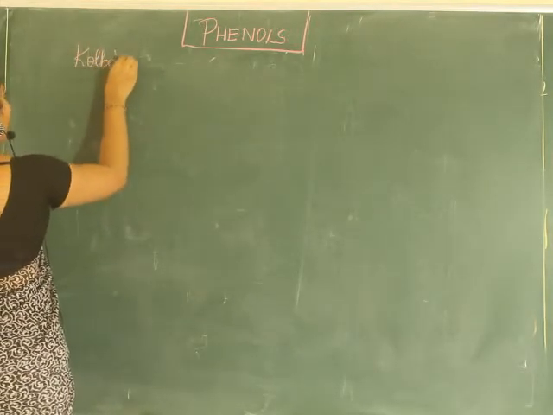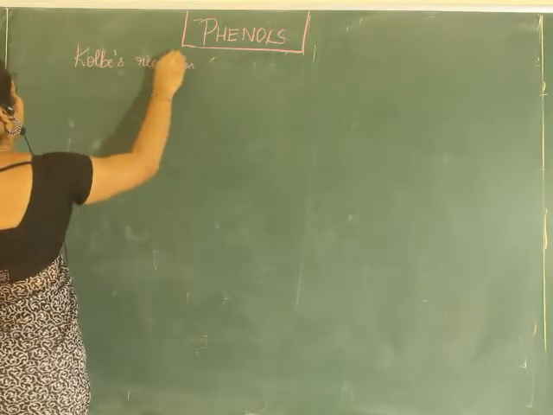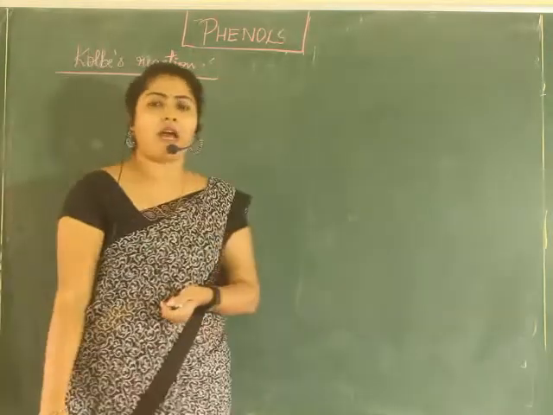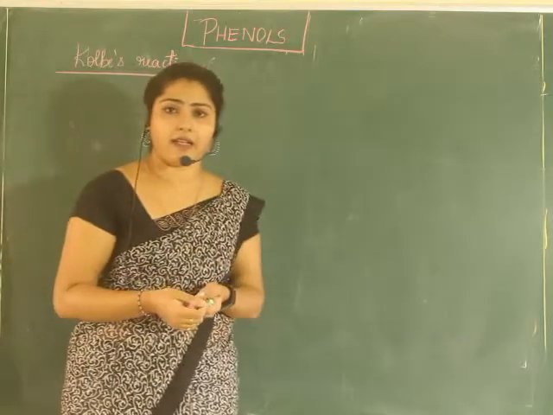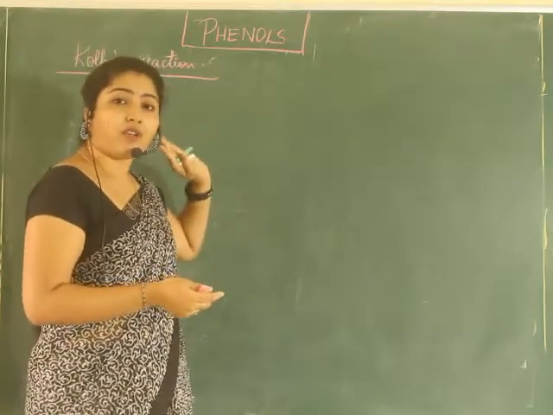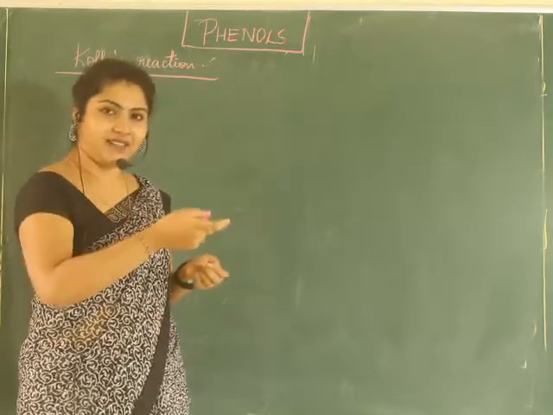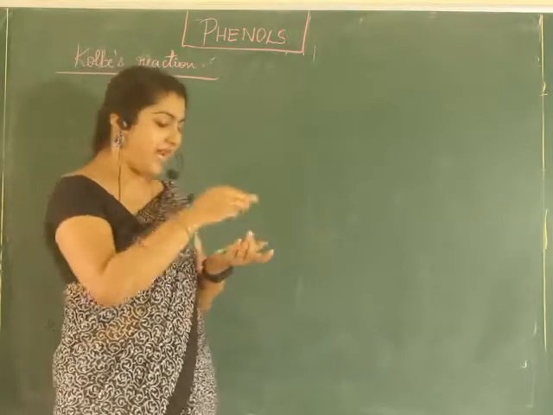Named reactions are always very important. These are the common questions. Either directly they'll ask you to explain Kolbe's reaction, or they can ask you to explain the preparation of salicylic acid. The previous reaction, the preparation of aspirin, was from salicylic acid, isn't it? Now we are going to study how phenol can be converted to salicylic acid.